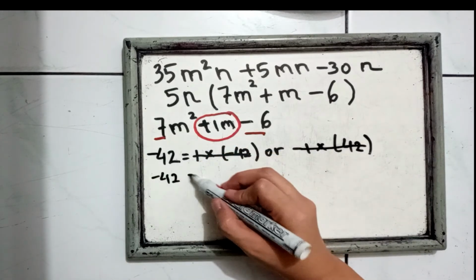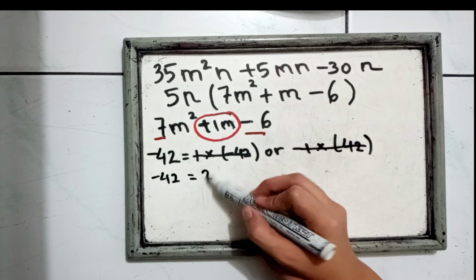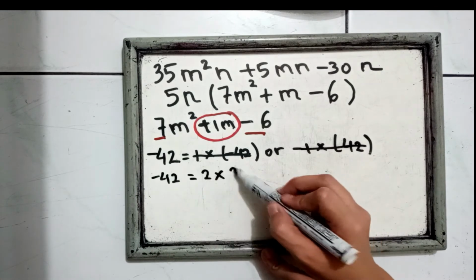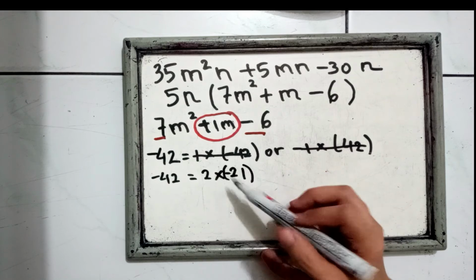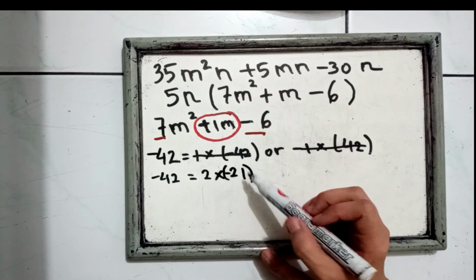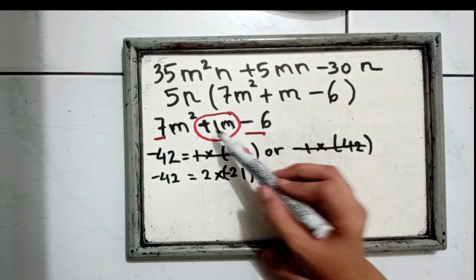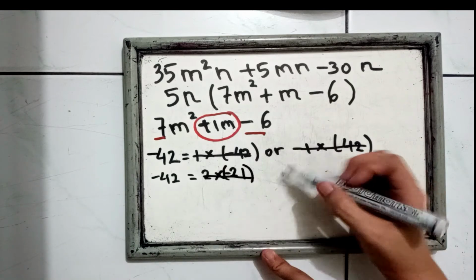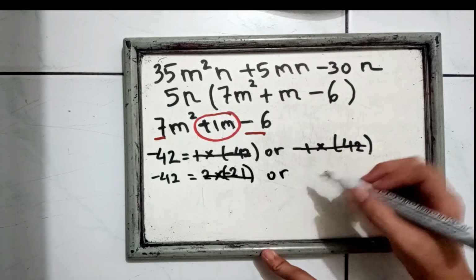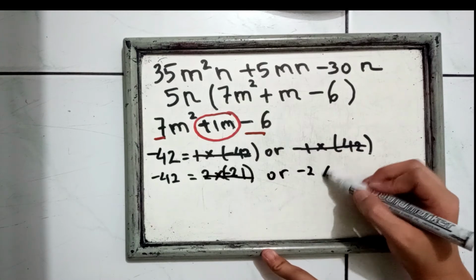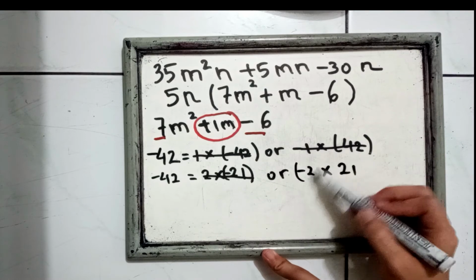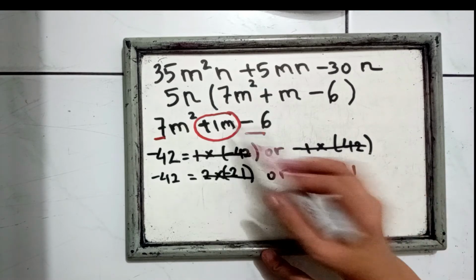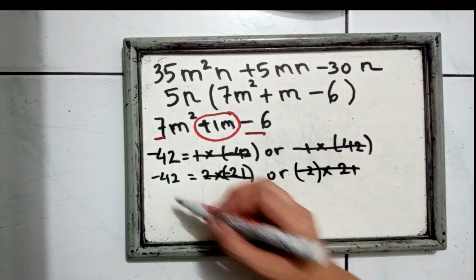Next. 2 times negative 21. When you add it, 2 plus negative 21, is it 1? No, right? Okay. Or negative 2 times 21. Try it. Negative 2 plus 21, is it 1? No, also.